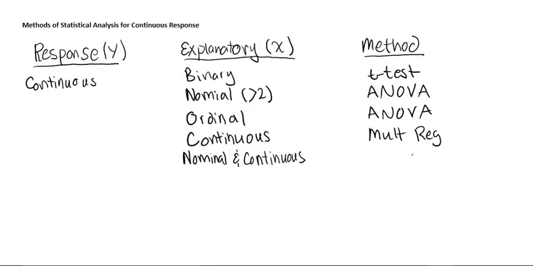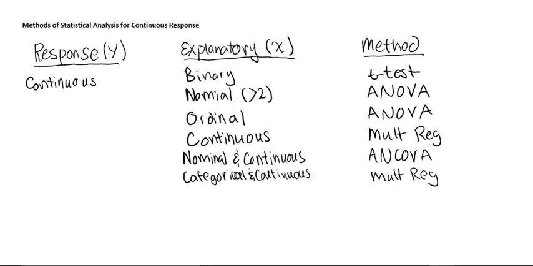And that would be analysis of covariance, so it would be ANCOVA. And I'm going to say the last one is categorical. Apologies, and continuous. And this would be multiple regression as well.